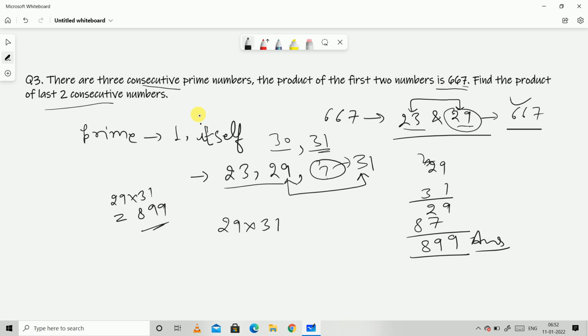So first it was asked saying that of 3 consecutive prime numbers, the product of the first 2 is 667. Okay. So we know that 667 is a product of 23 and 29, which are the consecutive prime numbers. So the first 2 we got from there, and to find the third one, you can just see the next prime number after 29, and that is 31. So we found our third consecutive prime number.